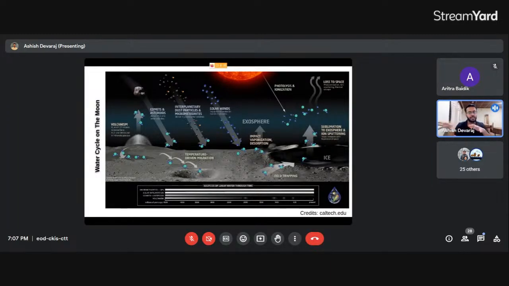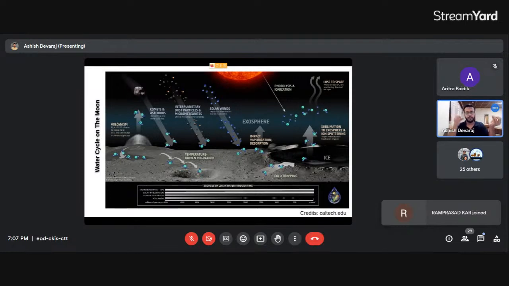And third is something very interesting, which I'll keep for the last part of the slide explanation. So let's look at the first part, incoming of water. Incoming of water happens through various processes. Comets and asteroids can bring in water. When impacts happen, when comets come and hit the surface of the moon, water can be brought to the surface of the moon.